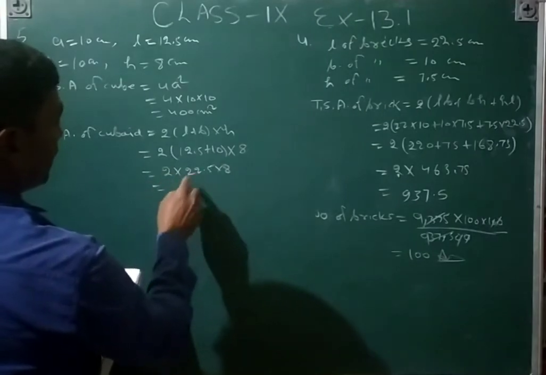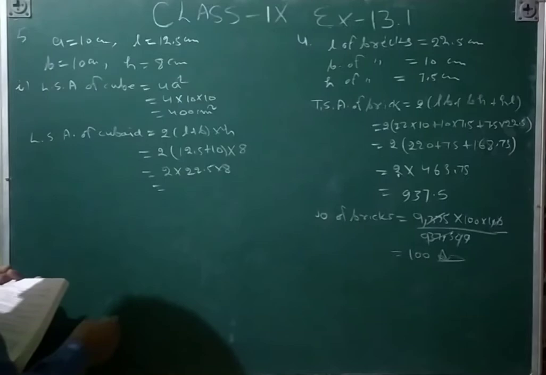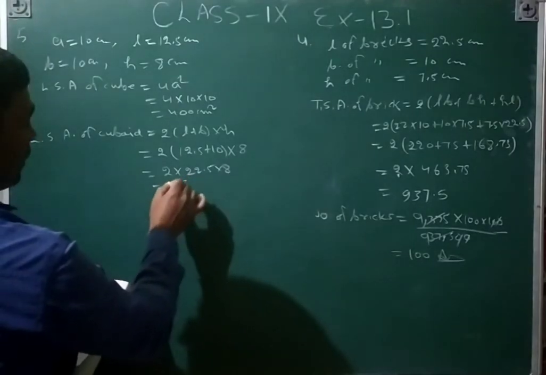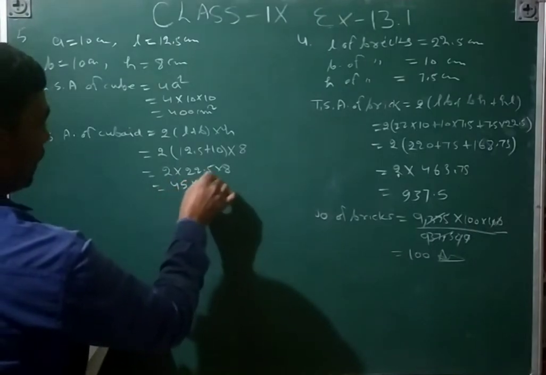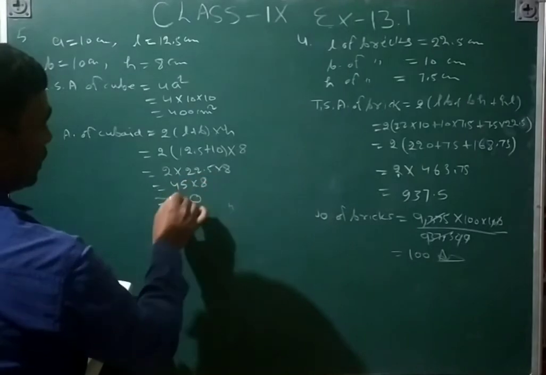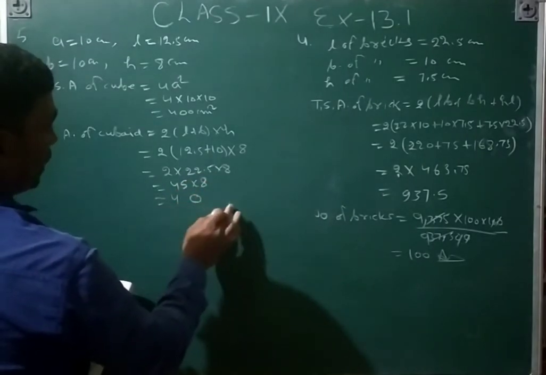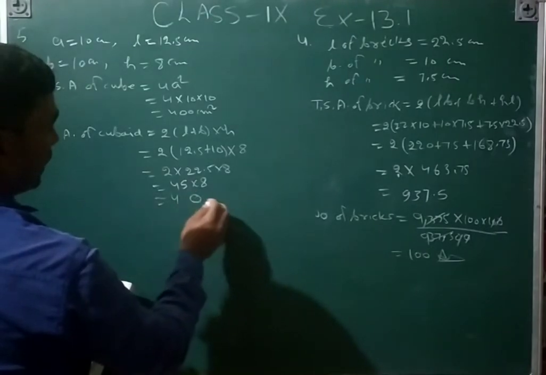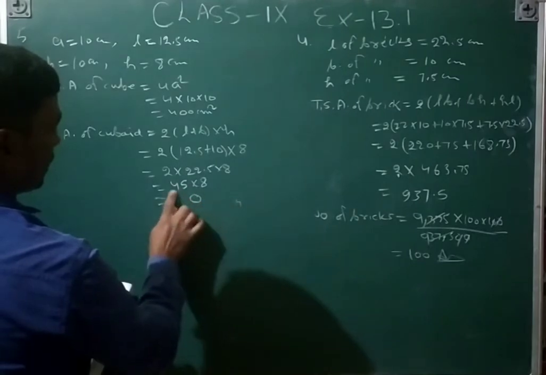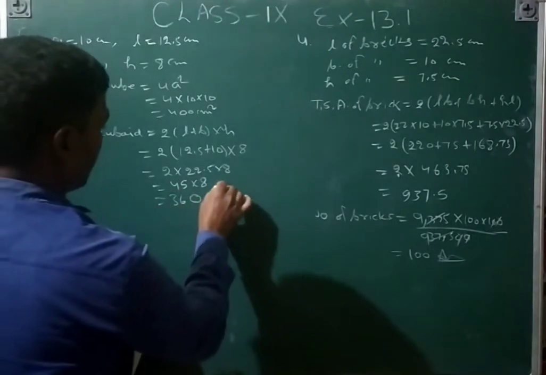So multiply: 5 twos are 10, 2 twos are 4, plus 1 is 5, 22.5 into 8: 8 fives are 40, 0 and carry 4; 8 twos are 16, plus 4 is 20; 8 twos are 16, plus 2 is 18... 36 centimeter square.